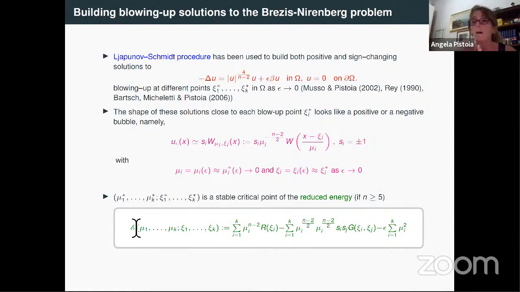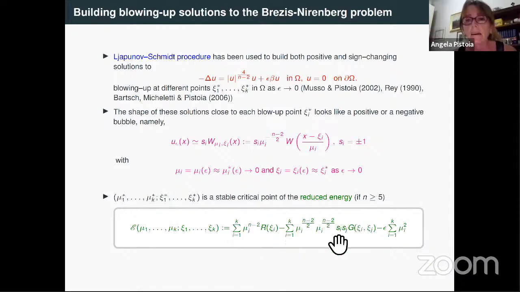And it depends also on k points, xi_1 to xi_k, which are the blow-up points. And the reduced energy looks in this way. So here you see this term epsilon mu_i squared, which comes from, oh, sorry, here there is a beta which is missed. Okay, this comes from this linear perturbation term.